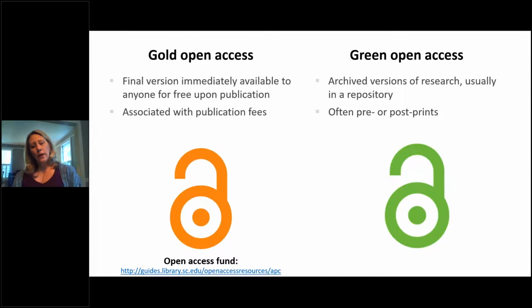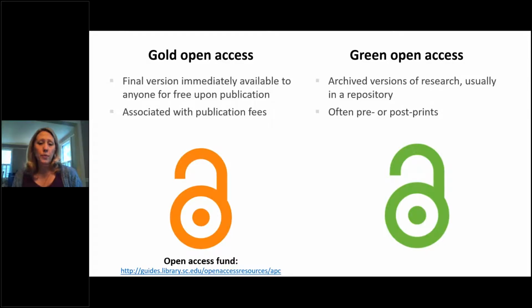And then there's another kind of open access. It's green open access. And again, you don't need to worry about the terminology, but this is when somebody publishes some version of their work in a repository. So it could be like Scholar Commons, which is the institutional repository at USC, or it could be some disciplinary repository. Oftentimes people don't retain the copyright to share their final publisher's formatted version of their article.